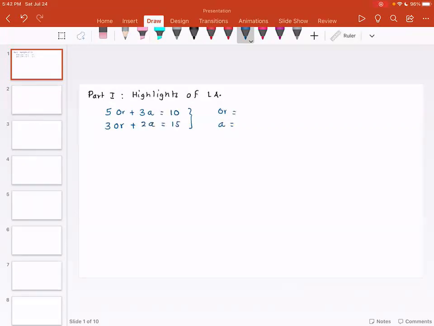Now this problem can be formulated as a linear algebra problem, something like this. I'm going to write this down as 5, 3, 3, 2, oranges, apples is equal to 10 and 15. Now this problem can be viewed as a very simple problem.